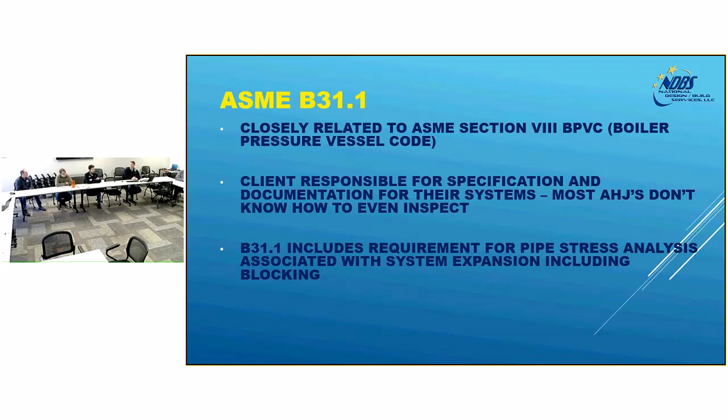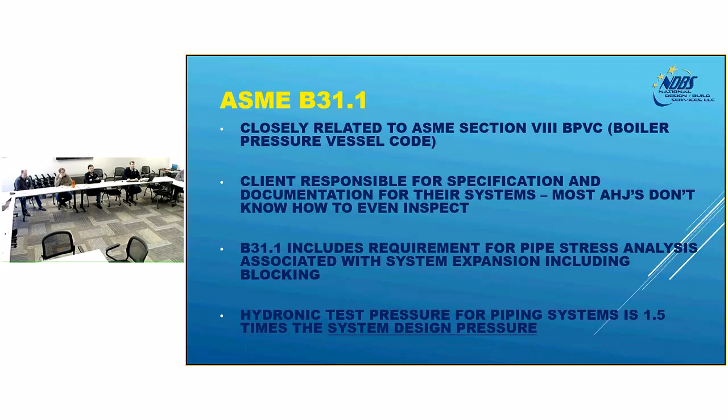It's interesting, the noises that come out of that system. But it has to be safe so that the joints don't fail when it grows and expands. According to B31.1, all hydronic testing is 1.5 times the system design pressure. There is no adjustment factor, if you will, in B31.1.